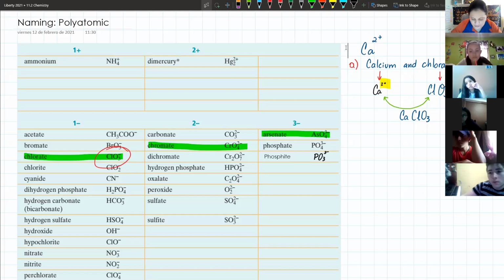You know, it goes to the other side, but right to the end, okay? You don't put it in the middle of chlorate. You put it right at the end, okay? Always at the end. So that 2, for calcium, comes here after the chlorate.